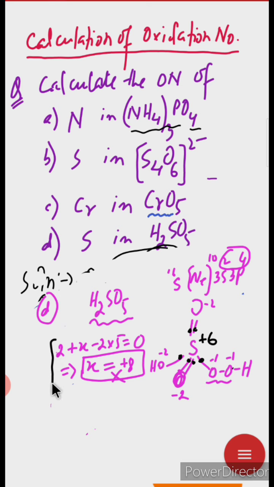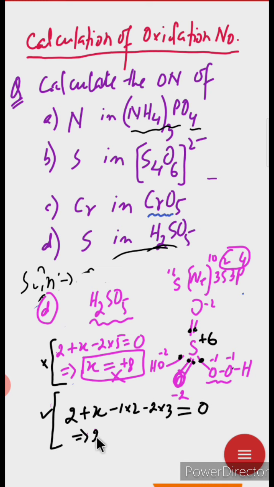So the correct way to calculate the oxidation number of sulfur: hydrogen has an oxidation state of +1, so for 2 hydrogen atoms, +2, plus X, the oxidation number of sulfur, and out of the 5 oxygen atoms, 2 oxygen atoms carry a -1 oxidation number, -1 into 2, and 3 oxygen atoms carry -2 into 3, and this will be equated to 0.